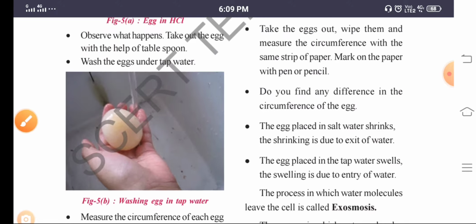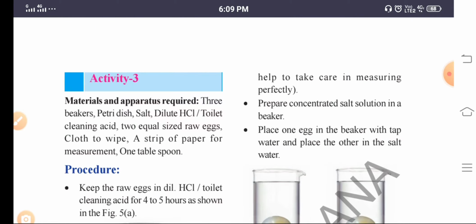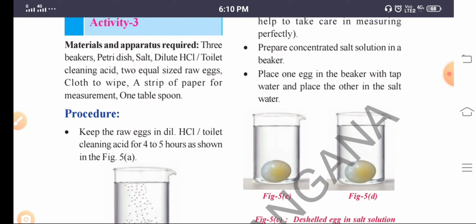After that, prepare a concentrated salt solution in a beaker. Next we have to prepare salt solution in another beaker, and place 1 egg in the beaker with tap water, and place the other in the salt water.